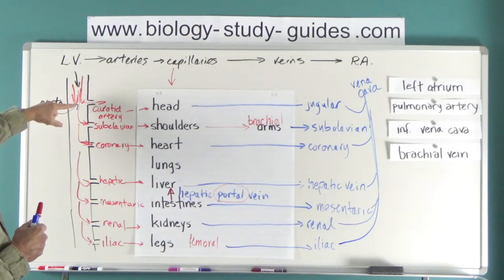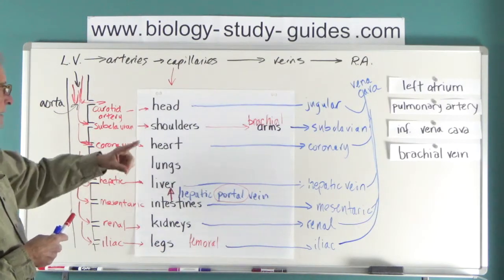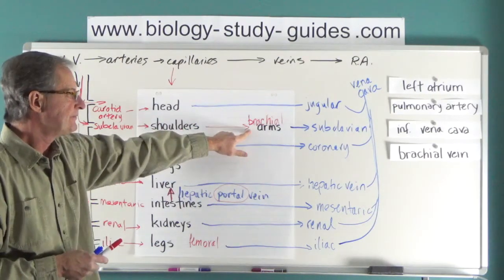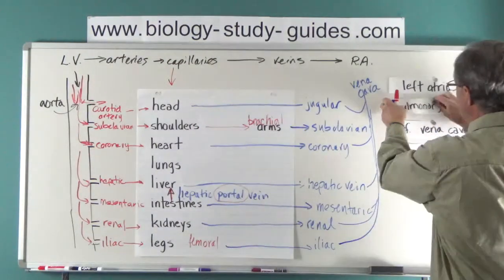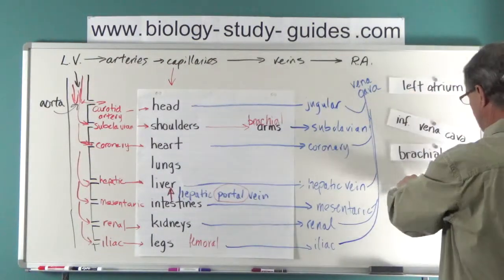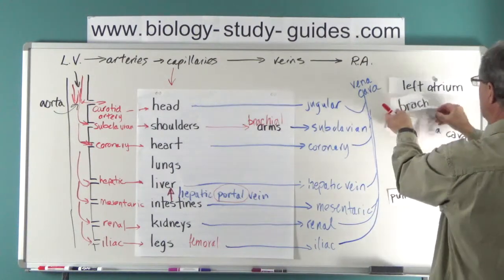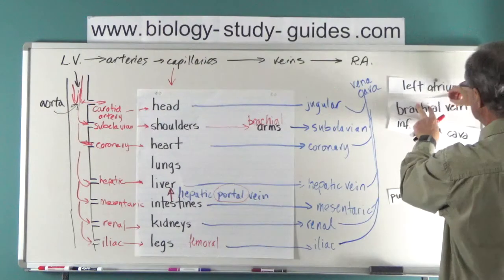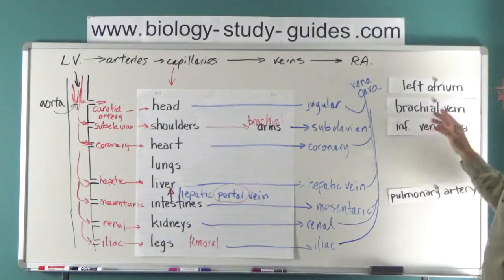Here's our brachial here, and the vena cava, so it would make sense to me to move this one out for now. Put this one here. See if that makes some sense.